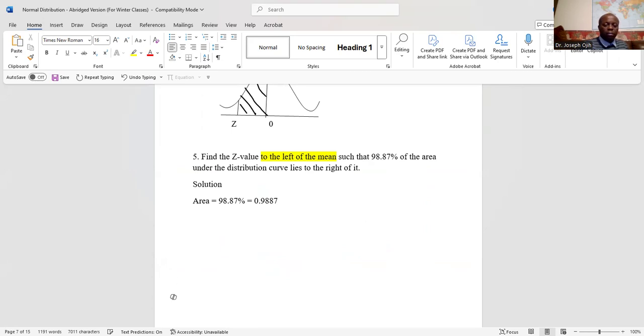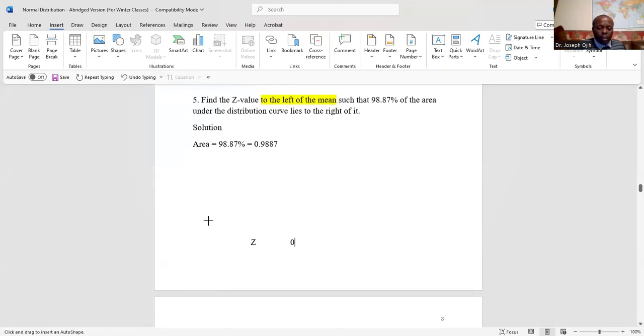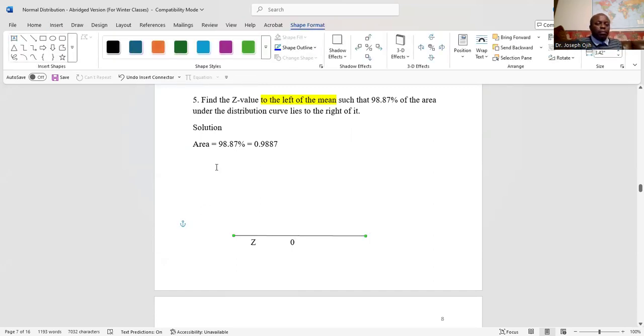Let me draw the chart, so you can usually get a picture of what we are doing. This should be on the left side. You see the 0? So I'm going to put this line. Make sure what they're saying is right. Yep, it's right here. So let's put the shape.